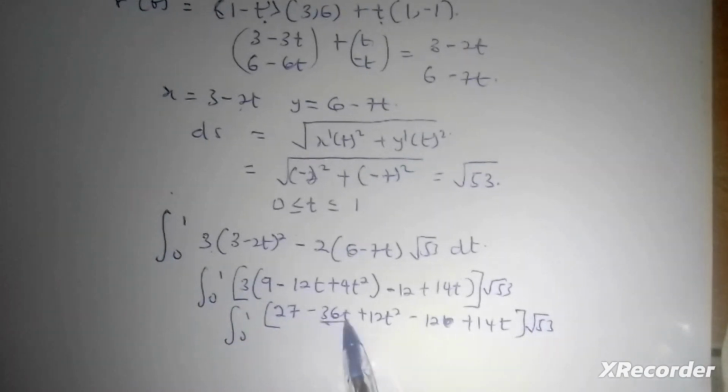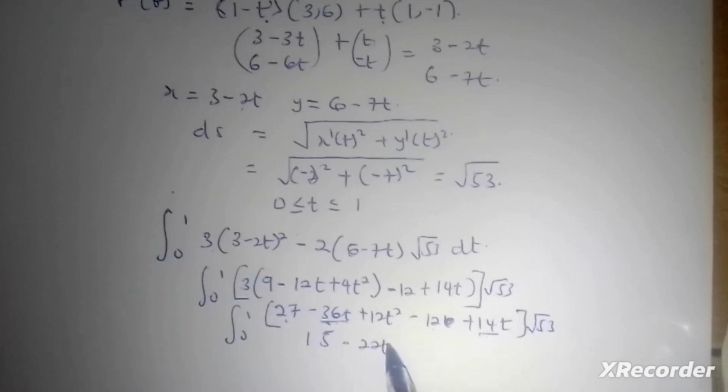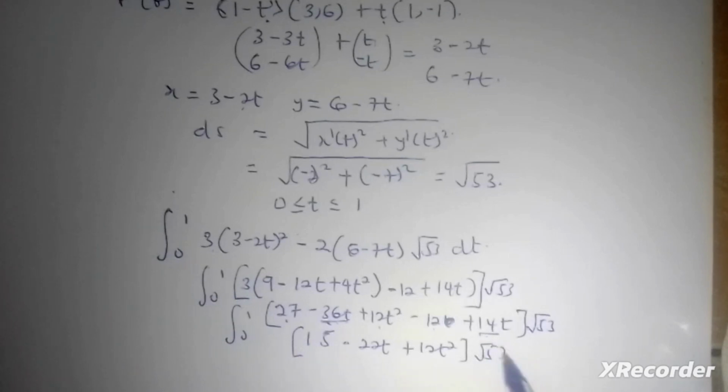I have my 36t, I have my 14t, I have 27, I have 12. That's going to give me 15. Then 36 and 14 gives minus 22t, plus this 12t squared, like this. Then the square root of 53 attached.